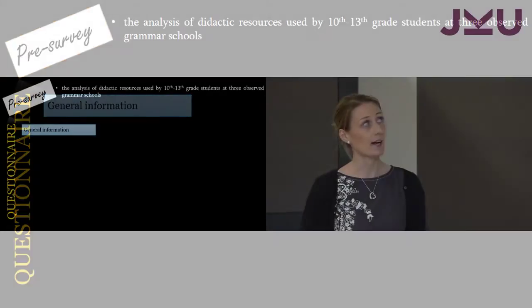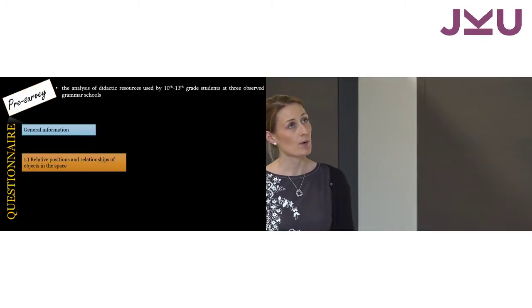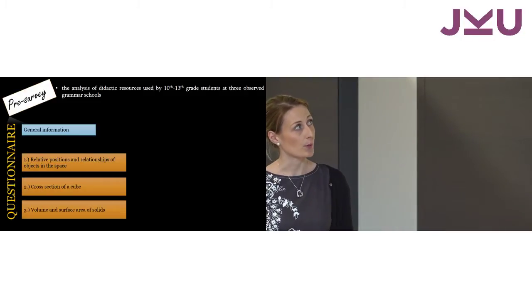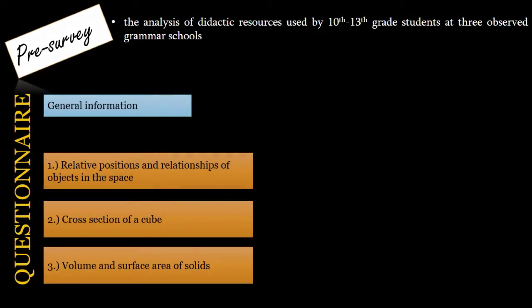In the first part, the students filled in a questionnaire. We were interested in general information, and we also divided the solid geometry topic into 3 subtopics: relative positions and the relationships of objects in space, cross-sections of the cube, and volume and surface areas of solids.